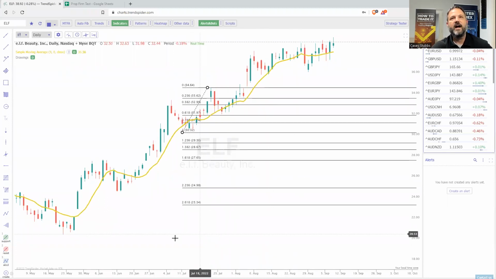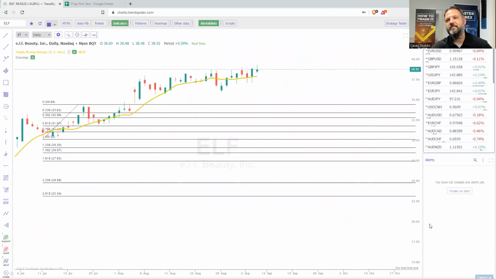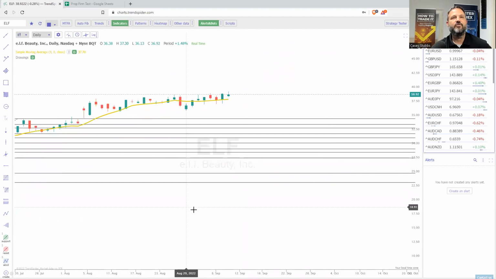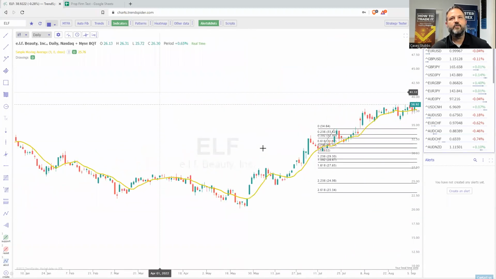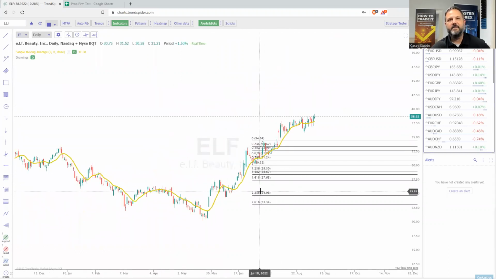So now I've been watching this one the other day. And sometimes this can be a little challenging on drawing these fibs, because really there's a big swing high. If we go, let's get rid of this.